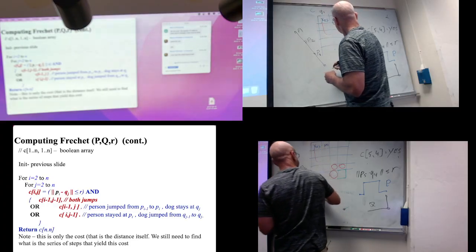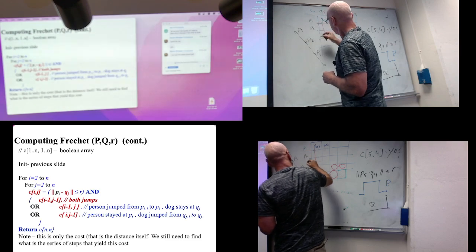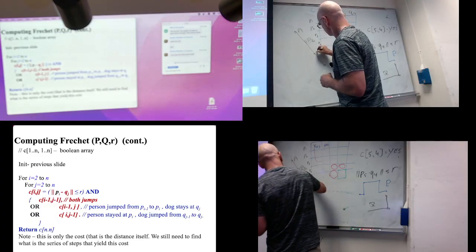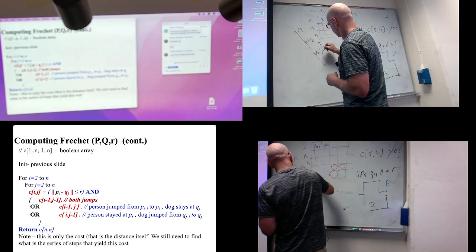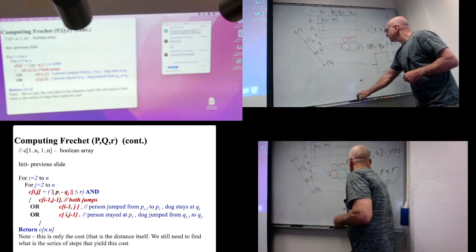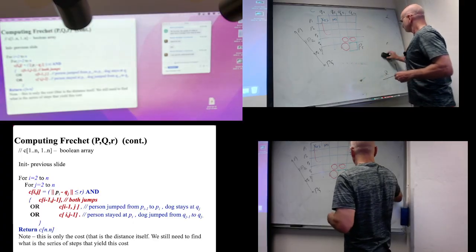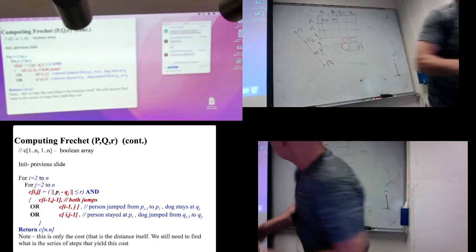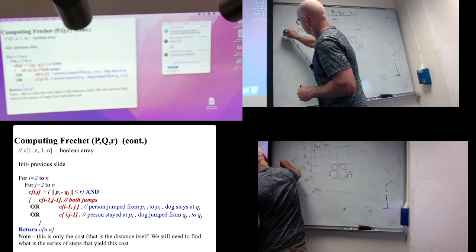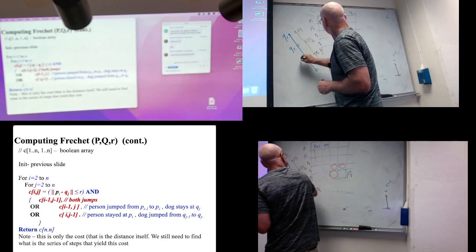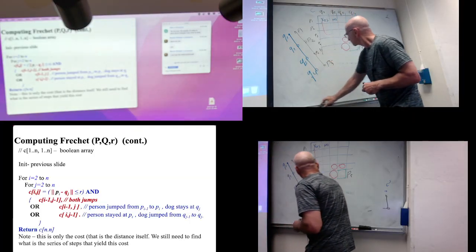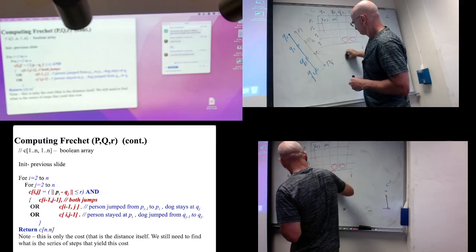That would be P1, P2, P3, P4, and P5. I don't need the last row, that would actually be P4.